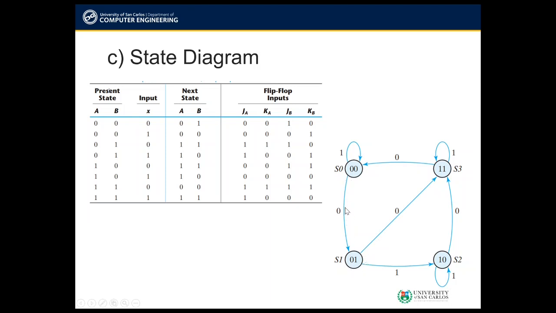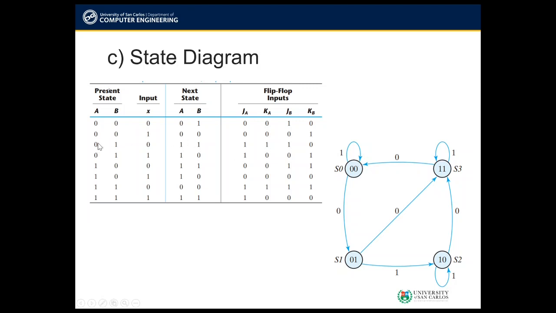Take note that we don't have a slash and a number here because this example does not have any outputs. The directed lines just represent the input. Next, if 0, 0 is the present state and the input is 1, it goes back to the same state. That's why we have this arrow returning back to itself.